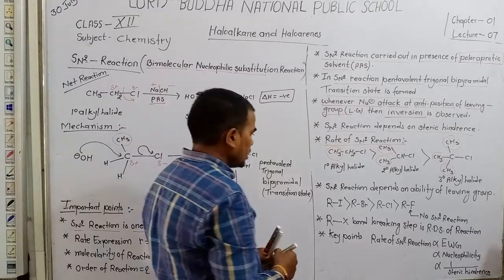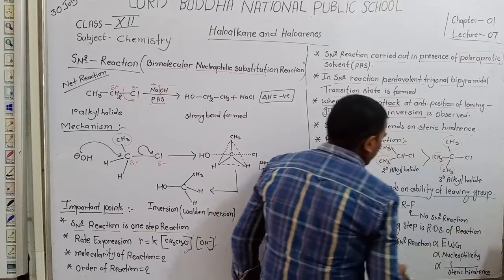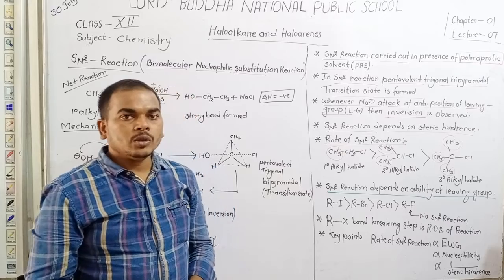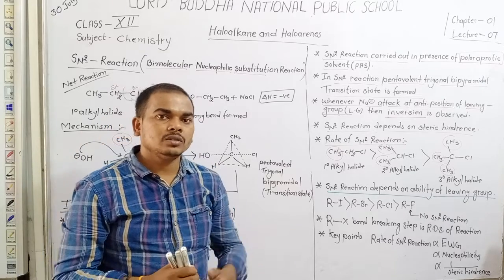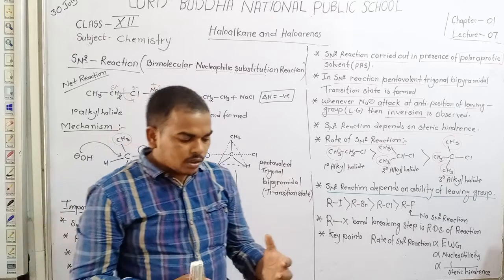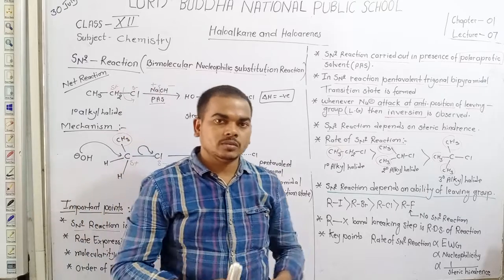Dear student, the SN2 reaction depends upon the ability of the leaving group. The leaving group which leaves easily gives the fast SN2 reaction. The ability of the leaving group depends upon its size.